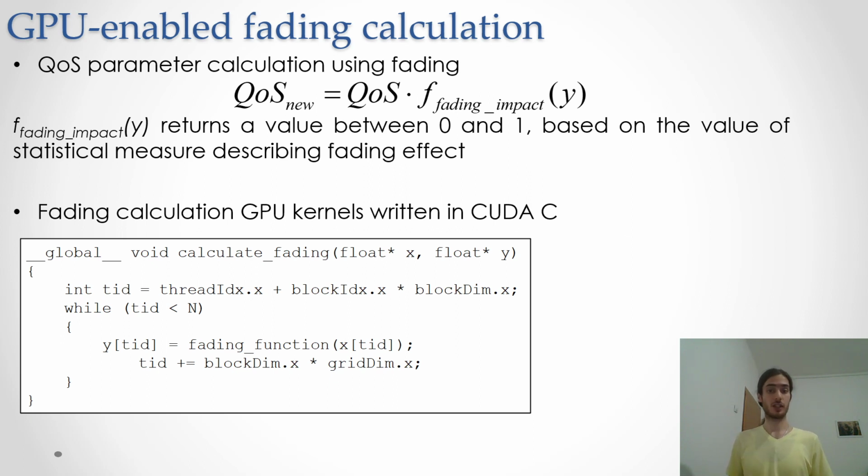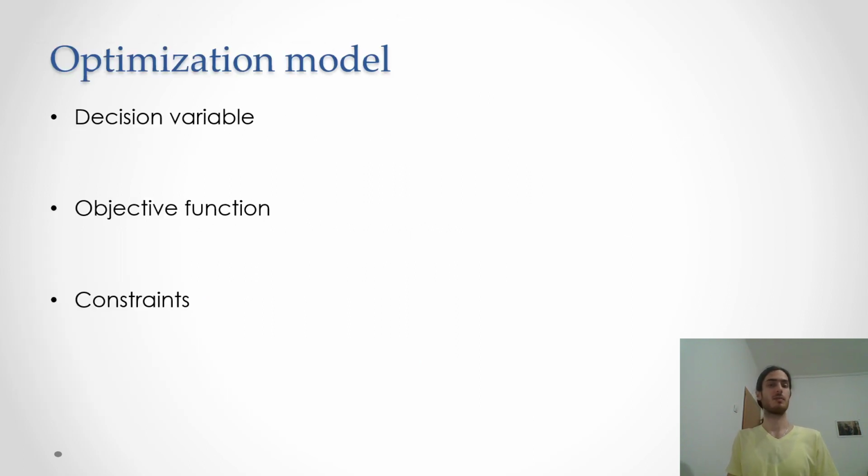For implementation of these mechanisms, we implement GPU kernels in CUDA and the C programming language. Here you can see on this slide a placeholder for a kernel. The fading function in the listing represents the specific statistical measure that describes the fading effect. For each type of fading and statistical measure, we need a different kernel that implements the corresponding formula. Now let's see the optimization model.